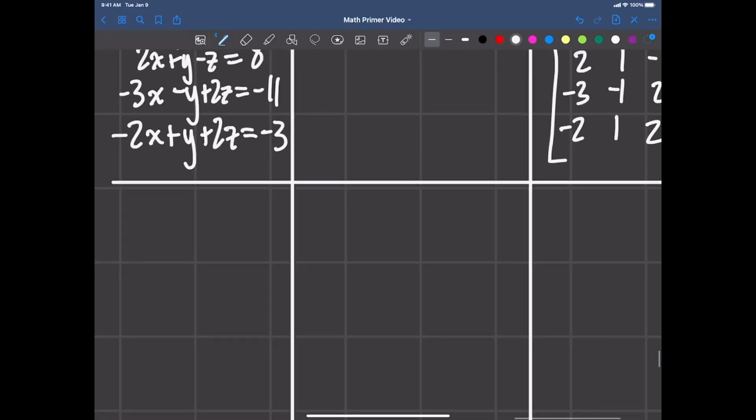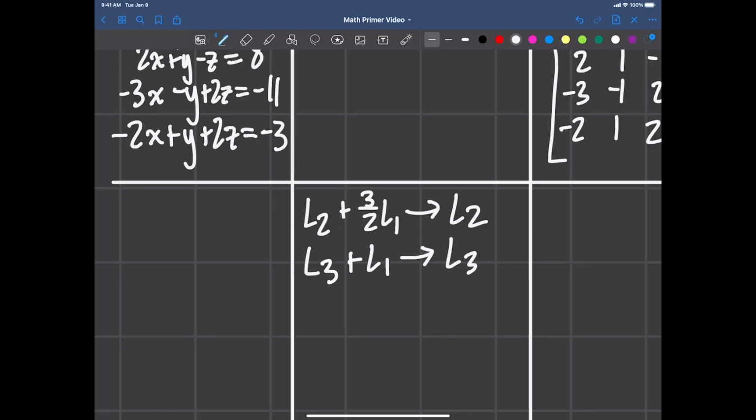Okay, let's start with these row operations. L2 plus 3 over 2 of L1 applied to L2, and L3 plus L1 applied to L3.